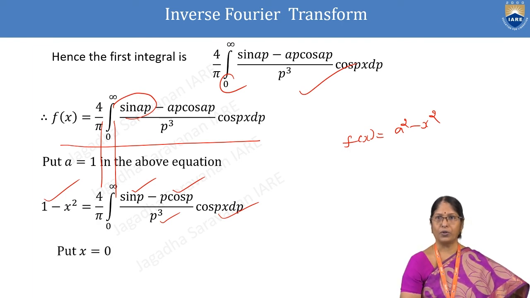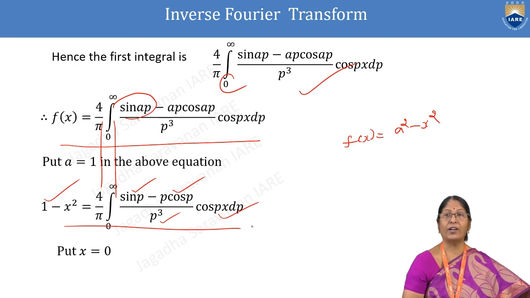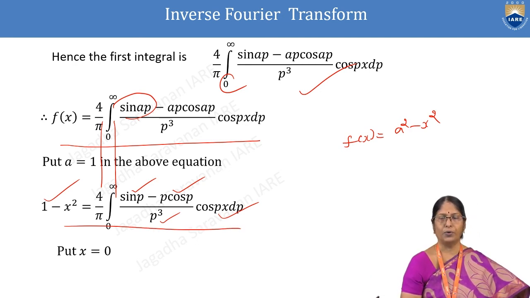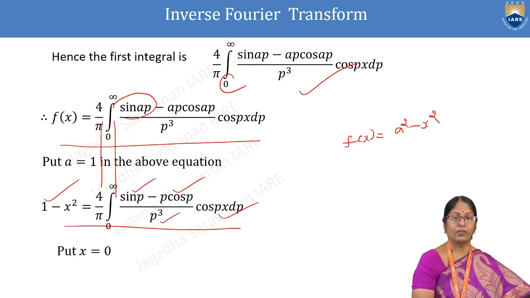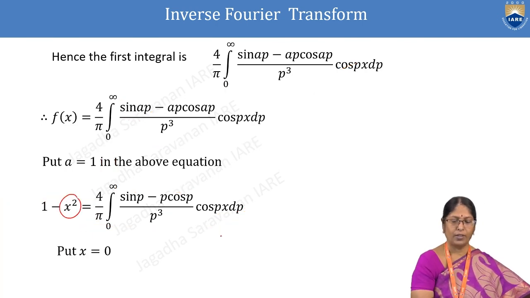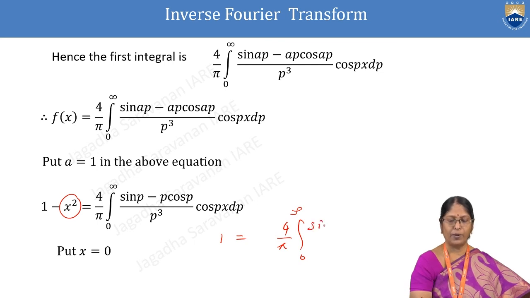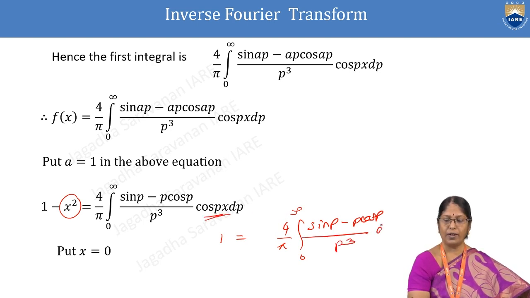Put x equal to 0. Why suddenly are we taking x equal to 0? Towards the result, to bring 1 minus, in the above one, wherever x is there we are going to put 0. So here, in this place, the left side has become 1, and 4 by pi integral 0 to infinity, only in the x place we are putting 0: sin P minus P cos P divided by P cube, cos 0 is 1, dP.